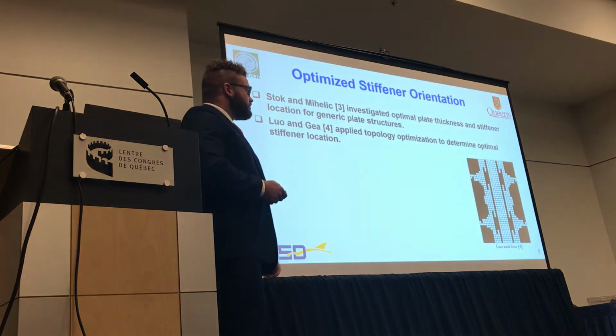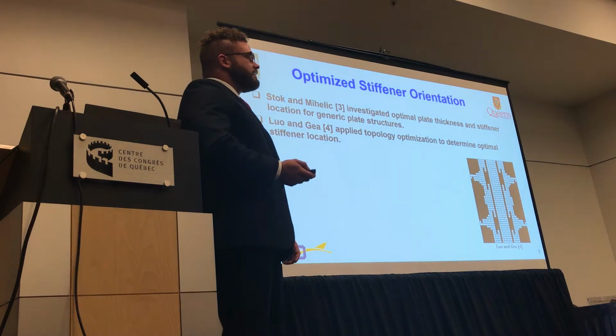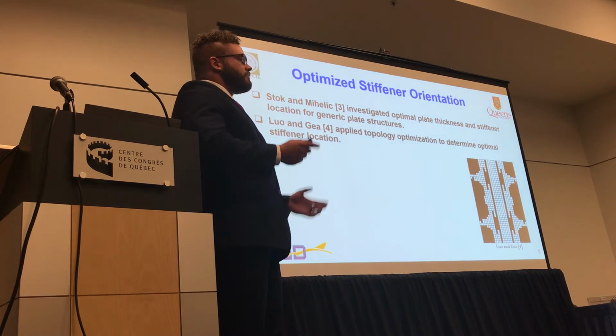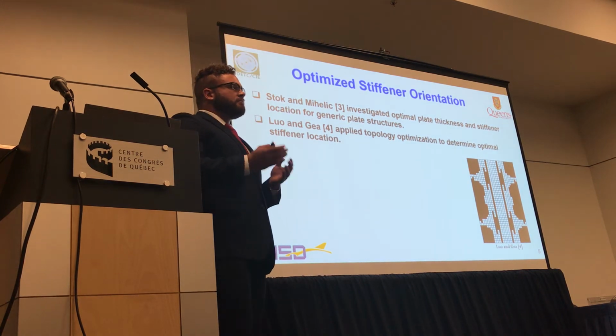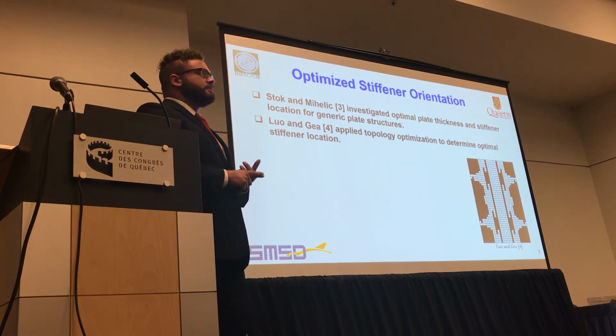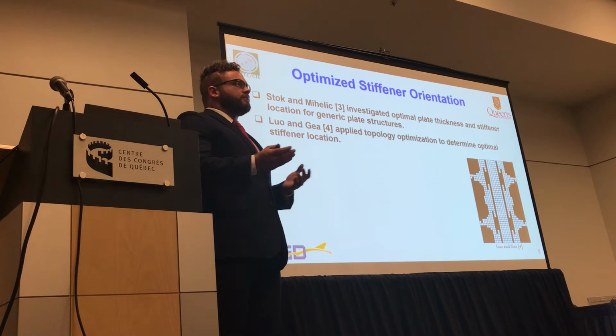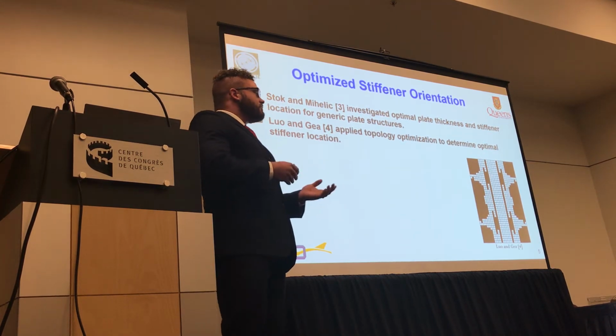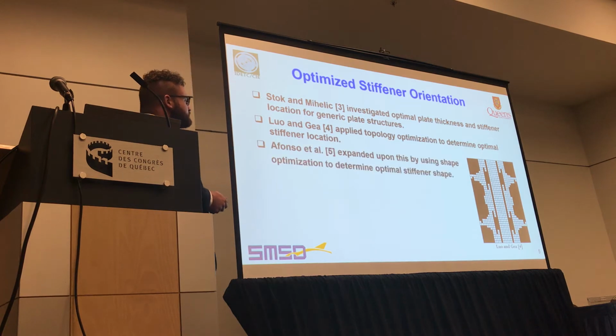For those unfamiliar, topology optimization is an iterative technique used to remove unneeded structural elements in order to come up with the most optimal solution. You can use a variety of objective functions, but typically it's the most stiffness for the lowest amount of mass.